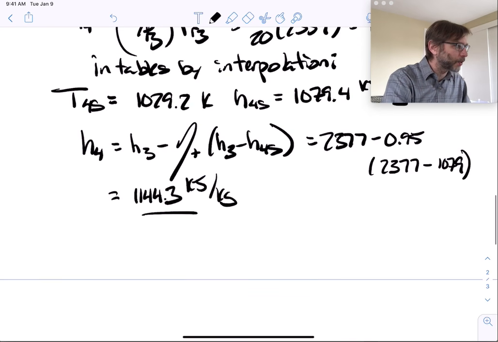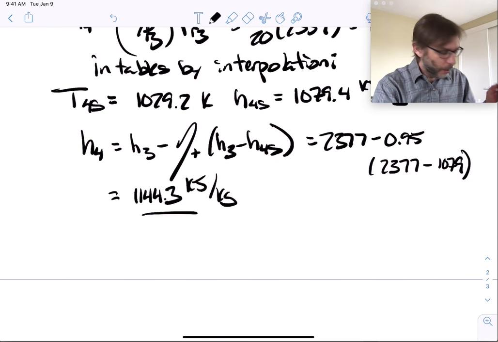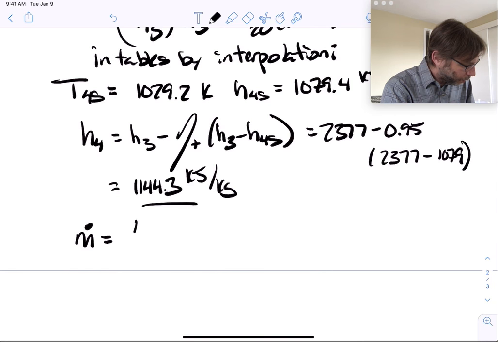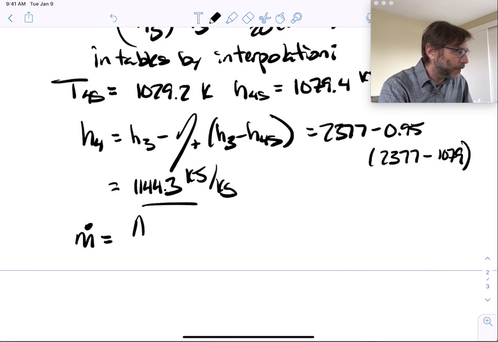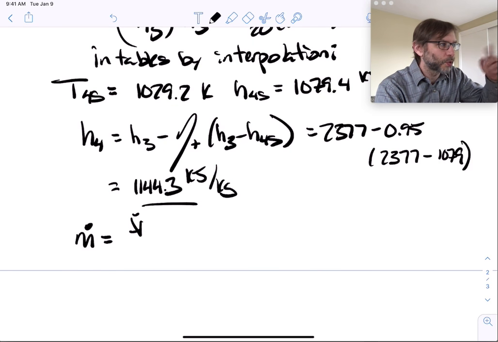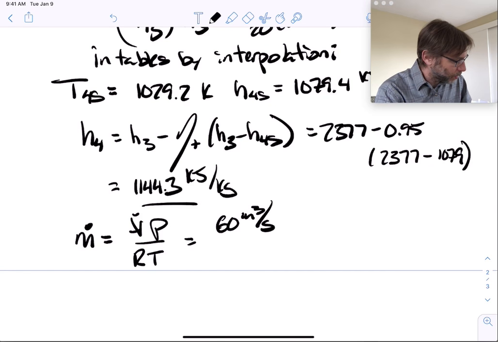Okay, so now we have all those things. Now the only other thing we need is, since they're actually asking for power, we need to know what m dot is. So m dot is equal to, let's see, we want the velocity, so we'll call this v dot, which is the 60 meters cubed per second that we were given, times P over RT, where P is 0.8 bar.